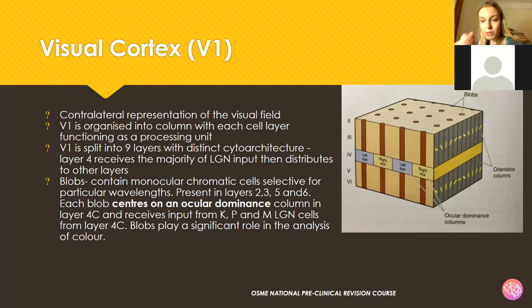I won't go into it too much because of time, but orientation columns are basically, there have been studies that show individual neurons are orientation selective, so they respond best to a certain orientation of light shone on them.